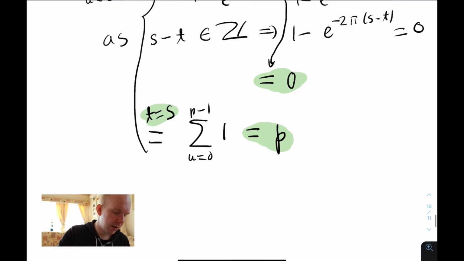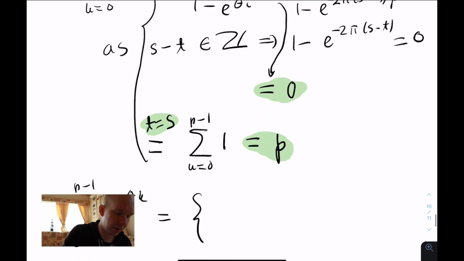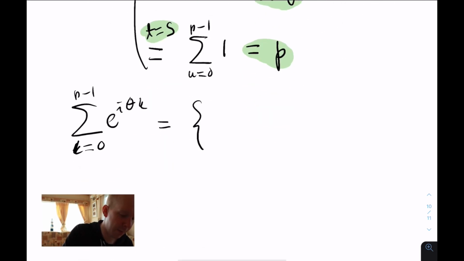So that means that the whole summation, the sum from k from 0 to p minus 1 of e to the power i theta k, is equal to p when t is equal to s, and 0 when t is not equal to s.